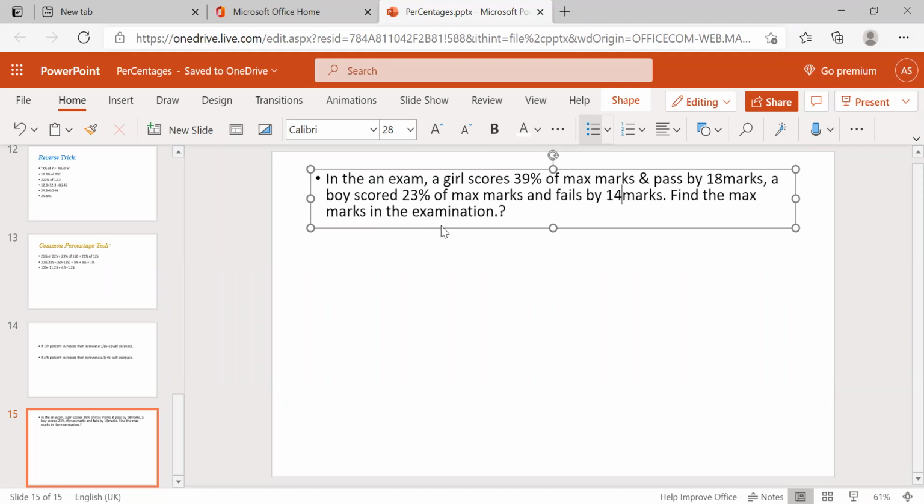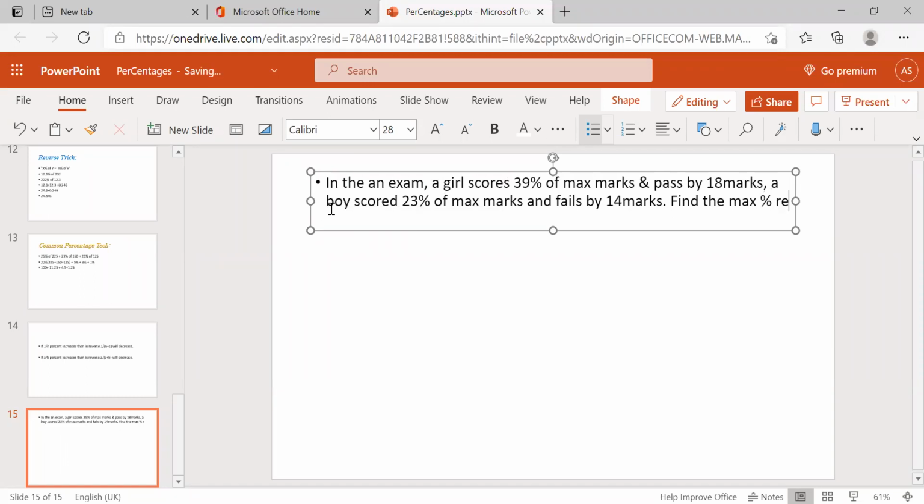Find the maximum marks. Now here, find the percentage required to pass.